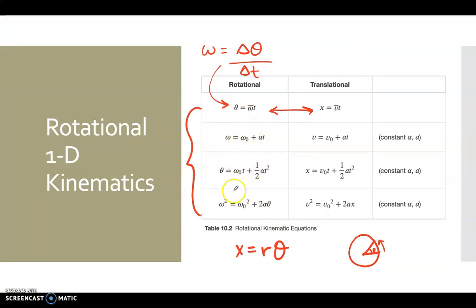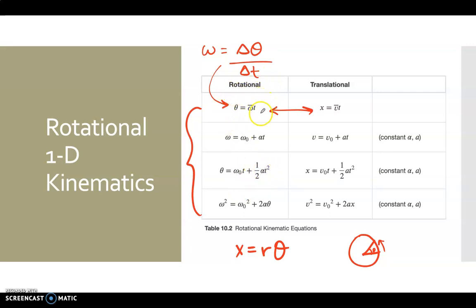So we have these two equations that we could use. This one, we have our time. This would be 0 for us, our omega naught. We started with 0 radians per second, our velocity. And we do have some alpha.